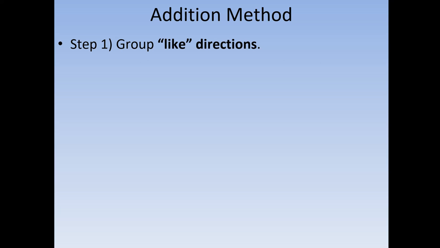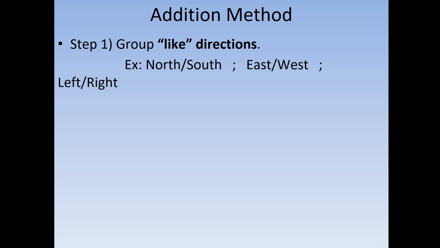What I mean by this is that if you have directions that are going in different dimensions, so north and south, east and west, left and right, up and down, those are different dimensions. North and south are parallel to each other, east and west are parallel to each other, but north and east are not in the same dimension.